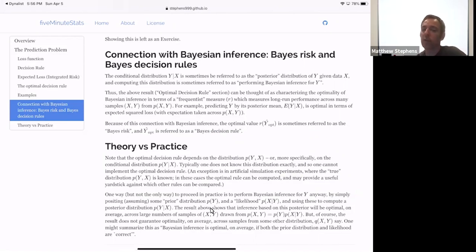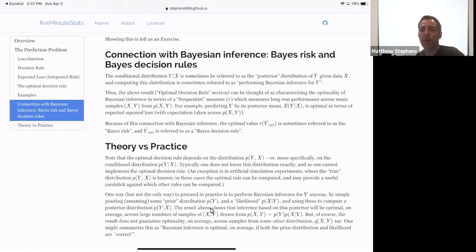Of course, it doesn't guarantee that the procedure will be optimal if you apply it to some set of x and y's drawn from a different distribution. But it is what it is. One way of thinking about this is that Bayesian inference is optimal on average if both the prior distribution and the likelihood, or the model, are correct.